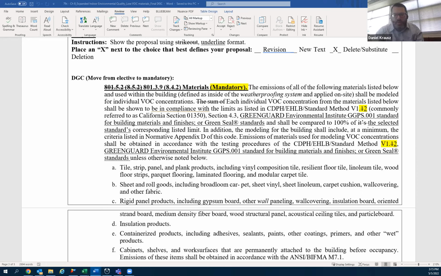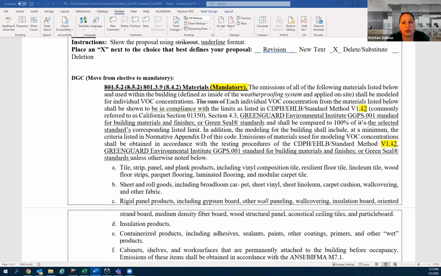Sure, go ahead. Okay, can I answer that? Yep. So there are a few minor modifications. As you can see, there are some that are highlighted in yellow, and then some that are underlined. So we just gave some more clarification. There was some initial feedback from those two other code hearing committees that we were referencing a California standard.